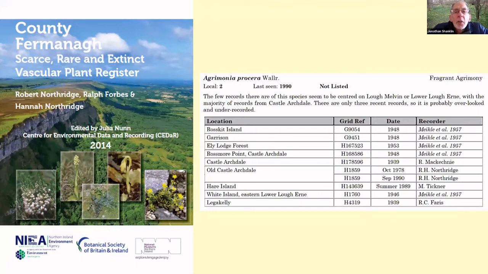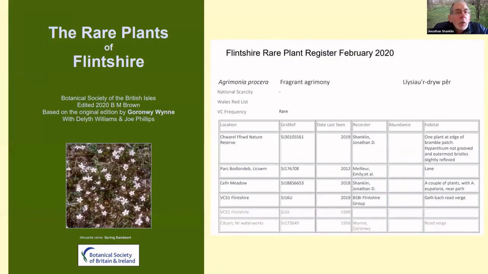Here's an Irish example for the same species. Again, where, the grid reference, the date of last occurrence, and who made the record. And who made the record can actually be quite important, because some recorders are perhaps more reliable than others. Every county in Wales has its own rare plant register.